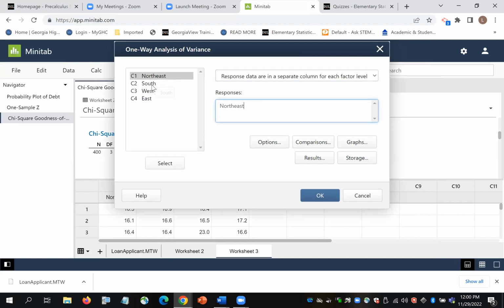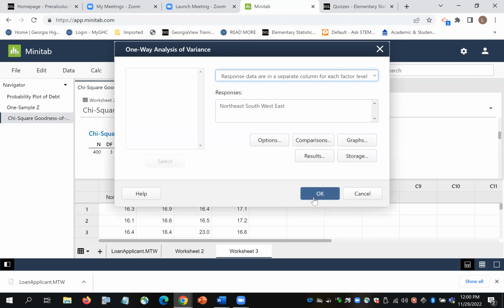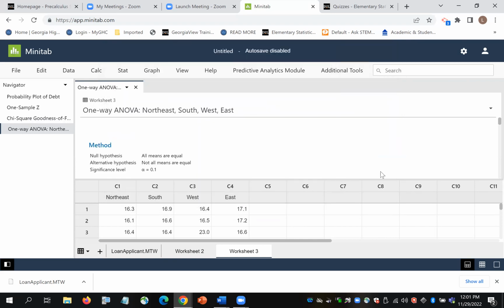I have to choose all of the columns where the data is located. I believe we have to go to options. We want to assume equal variances. Our confidence level, because we're doing a 0.10 or 10, our confidence level is only 90%, and it's two-sided. Click OK.